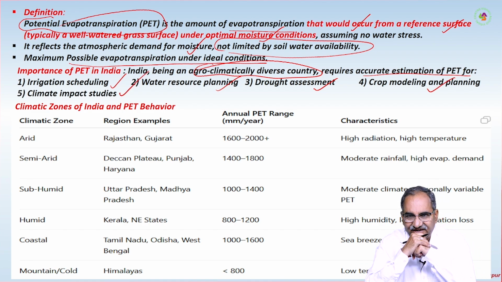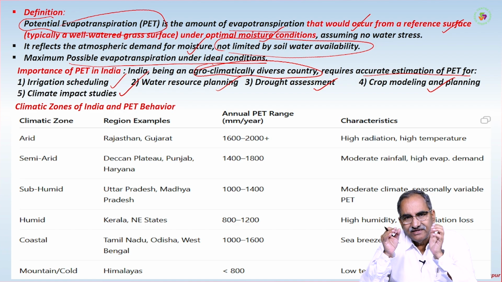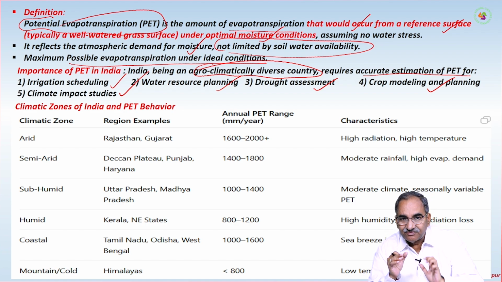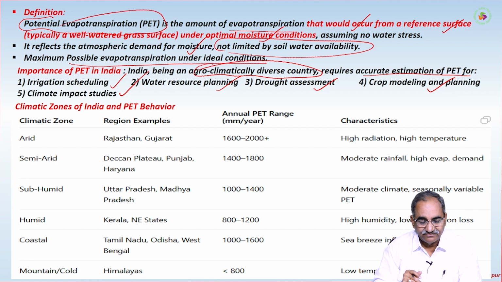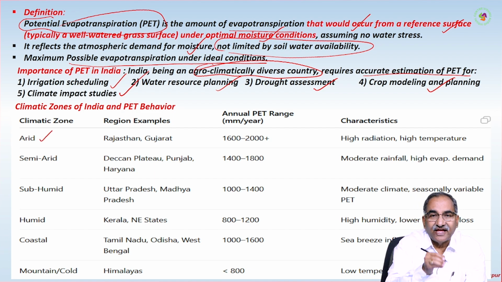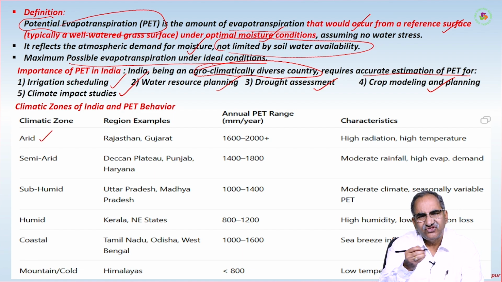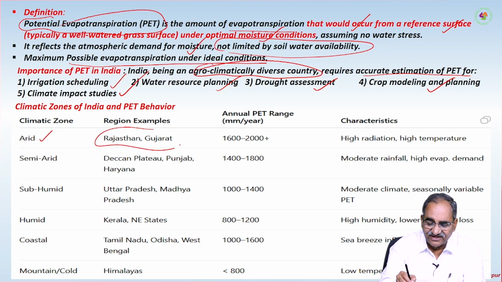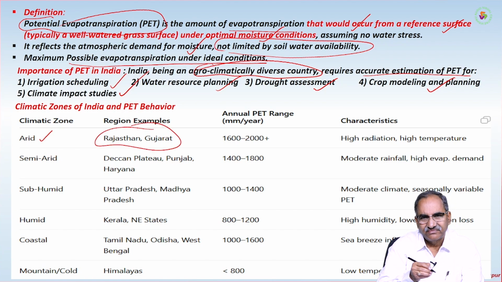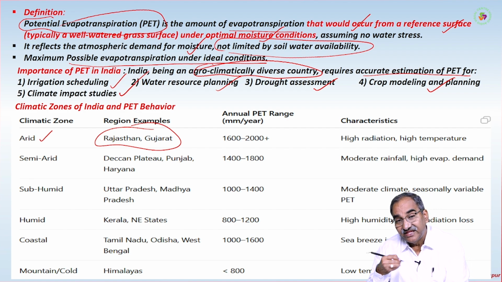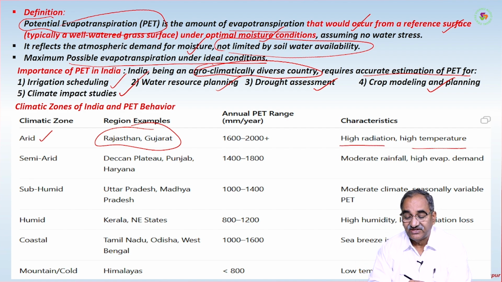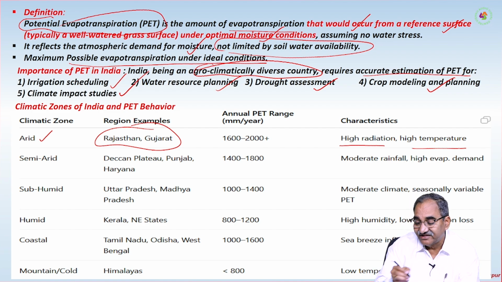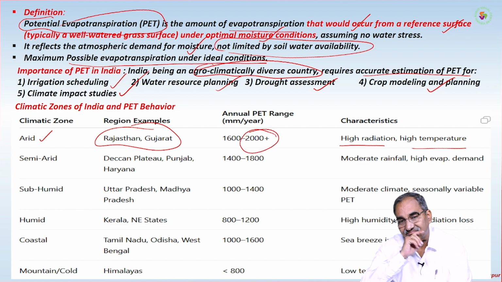We also require it for climate impact studies. Now I will explain more about PET behavior in various zones of our country. If you take an arid zone, meaning deserts like Rajasthan and Gujarat, because of the very high radiation and high temperature, the PET is very, very high.